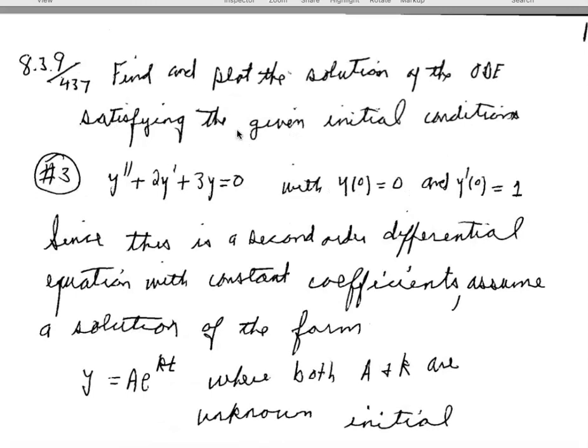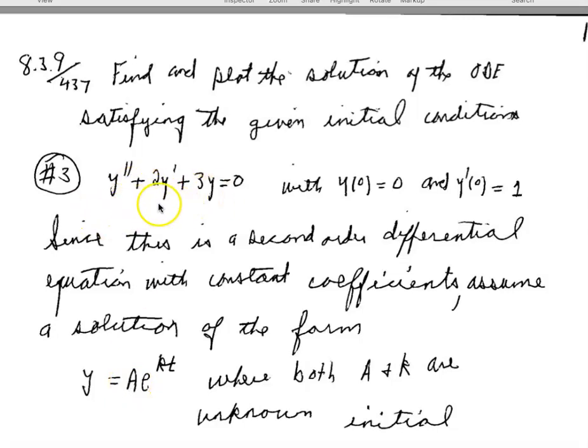So here, find and plot the solution of the ODE satisfying the given initial conditions. Time is considered to be the independent variable in this problem, and y again is the dependent variable. k is a value that's unknown at the moment, and capital A also is a quantity that's unknown at the moment.